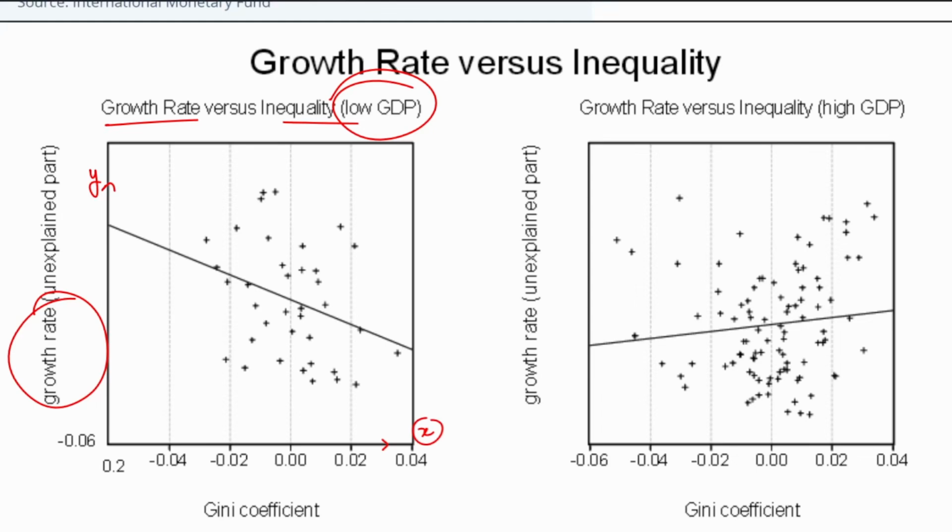We already talked about the Gini coefficient; it basically means inequality. In a low GDP country, as the Gini coefficient or inequality increases, the growth rate goes down. On the other hand, in a high GDP scenario, just like India, as the Gini coefficient increases, the growth also increases. But inequality also increases.